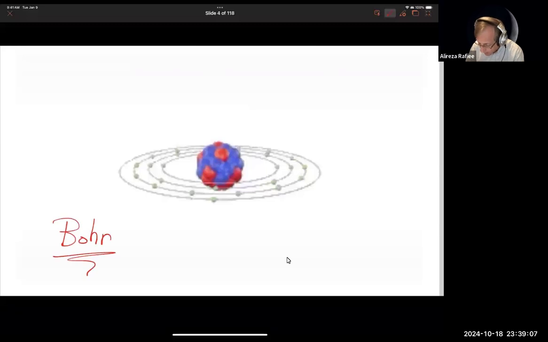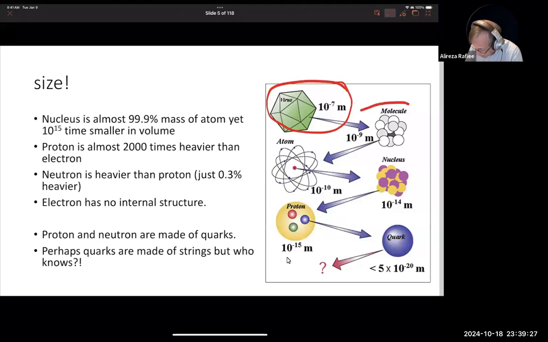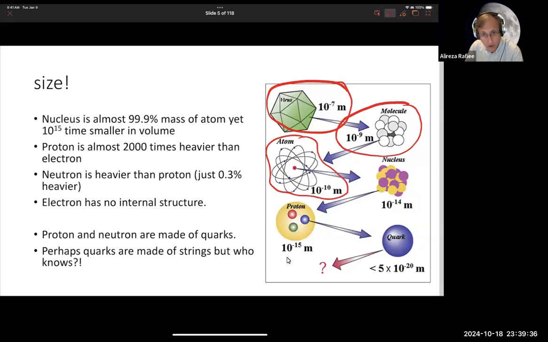Okay. Now, in the language of size, the largest microscopic object at micrometer size is a virus, with a size of about 10 to the minus 7 meters, about 0.1 micron. Smaller than that, you will have molecules of the order of 1 nanometer. Then atoms will be about 10 times smaller than molecules, with a size of 10 to the minus 10 meters.